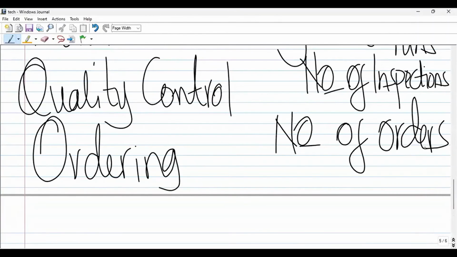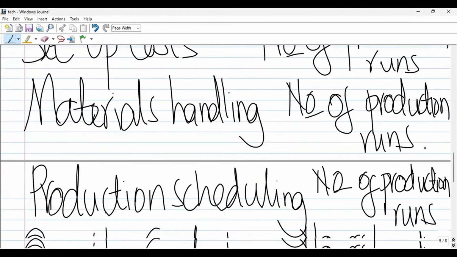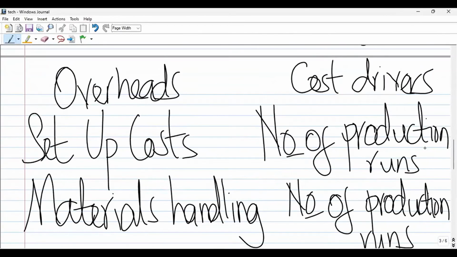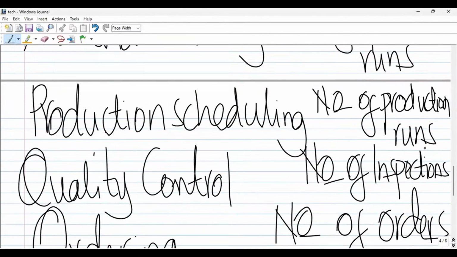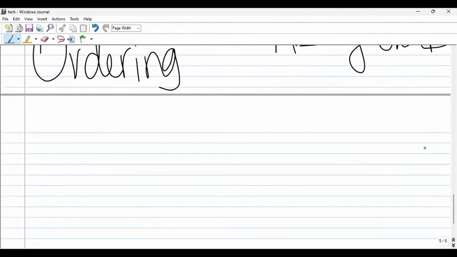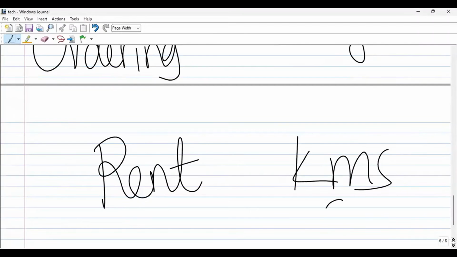So, et cetera. Now, when we are determining a cost driver for an overhead, we use what we call judgment, and we choose the most appropriate. I cannot say that the cost driver for rent is the number of kilometers covered.